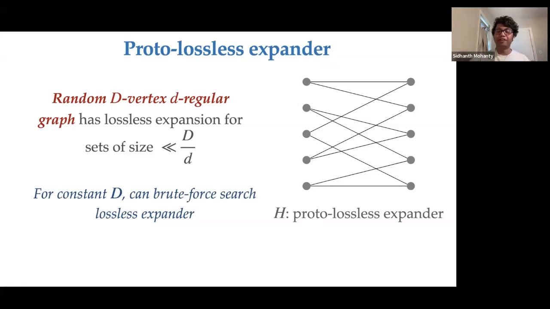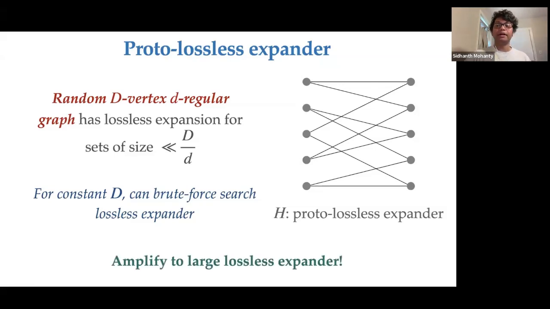So the first step is going to be to find a constant sized lossless expander. And the idea is we want to somehow take this constant size lossless expander that we found and amplify it into a big graph. And now I'm going to spend the next few slides slowly going over this amplification procedure.